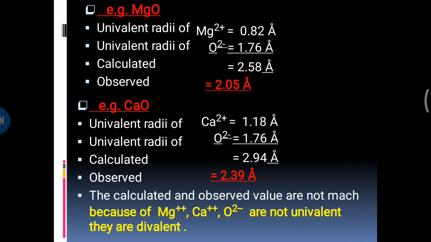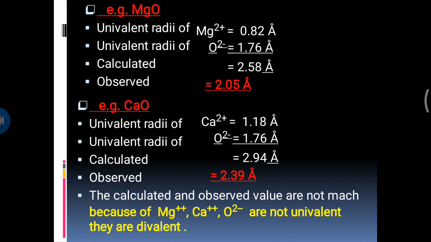Here is one more example of polyvalent ions: magnesium oxide. In magnesium oxide, the observed and calculated ionic radii are different. If we calculate its ionic radii as crystal radii, they are different.